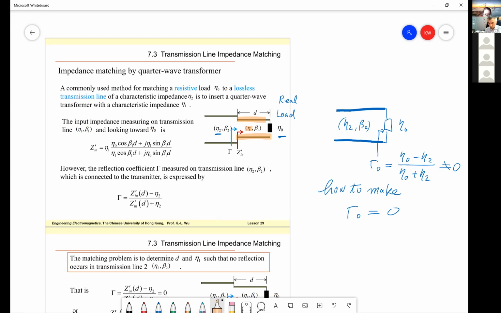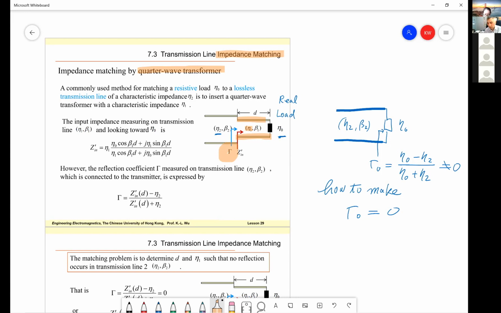Let's see, can we adjust the impedance such that after this inserted transmission line, the reflection coefficient is 0. So this is called impedance matching, and specifically it is called the quarter wavelength transformer impedance matching.